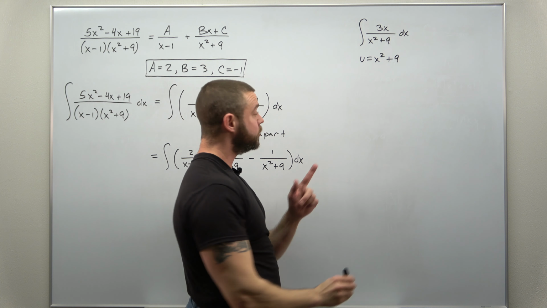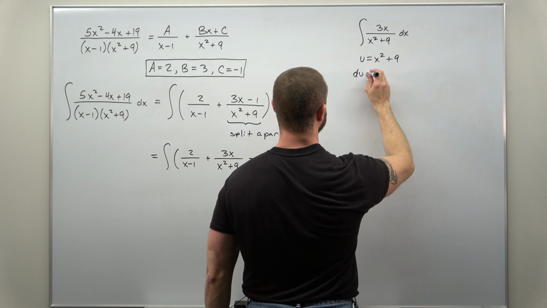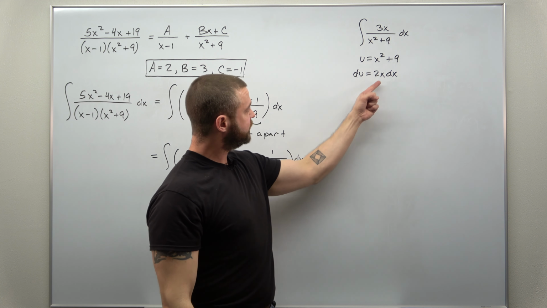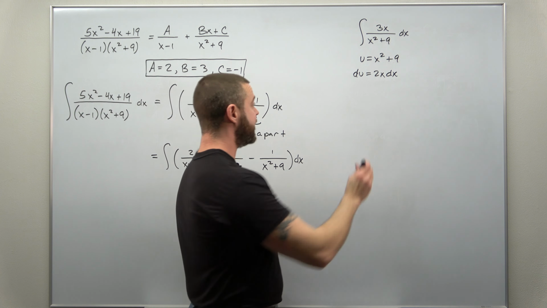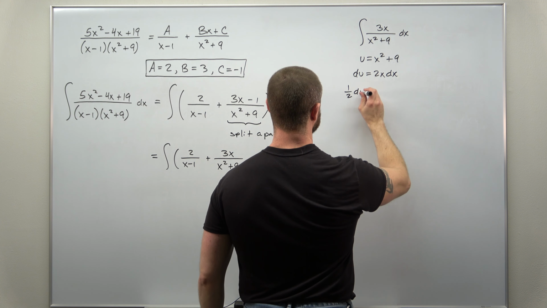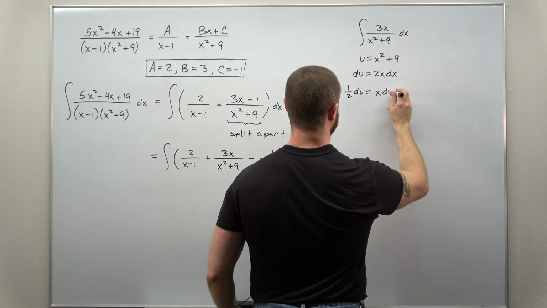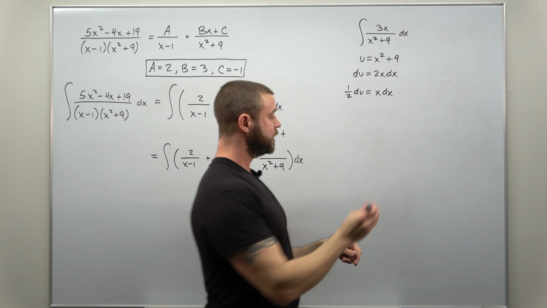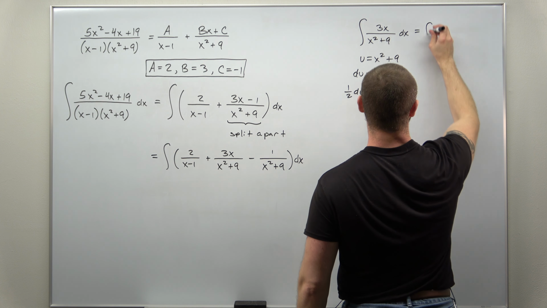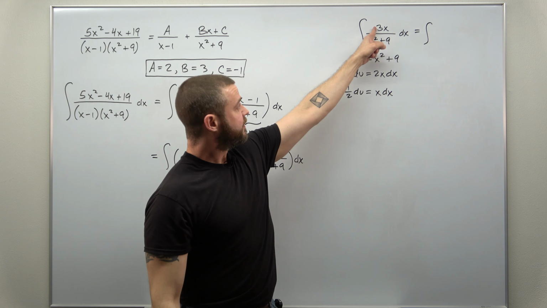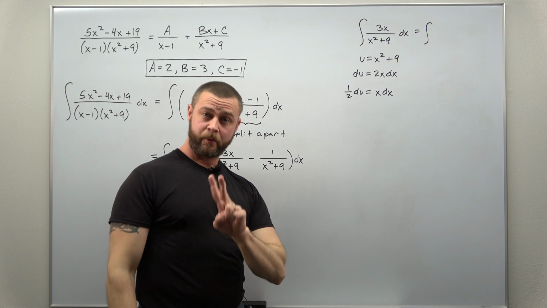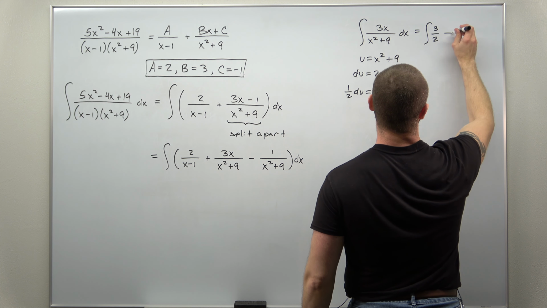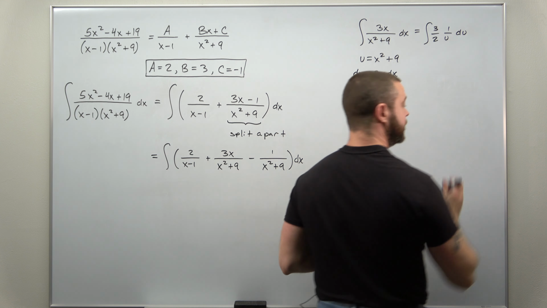Calculate your du. You'll get du equals 2x dx. And since we're missing a factor of 2, divide your 2 over to get 1/2 du equals x dx. We have all the pieces to convert from x's to u's. And if we do that, we should get as our simpler integral, we have a factor of 3 times 1/2. We can write that as 3 over 2, and then times 1 over u du.